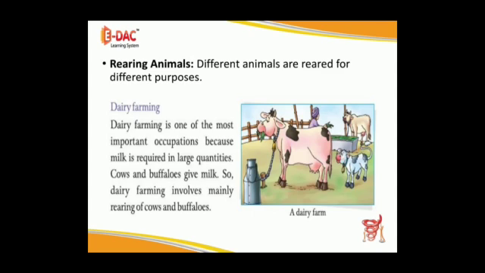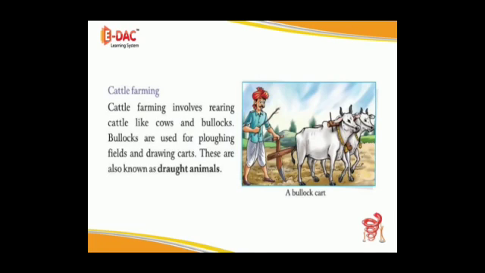So, dairy farming involves mainly rearing of cows and buffaloes. Cattle farming. Cattle farming involves rearing of cattle like cows and bullocks. Bullocks are used for plowing fields and drawing carts. These are also known as draught animals.